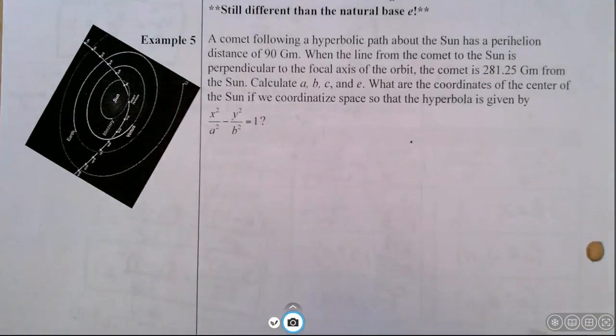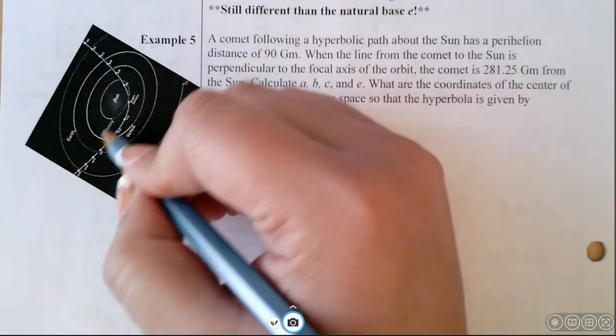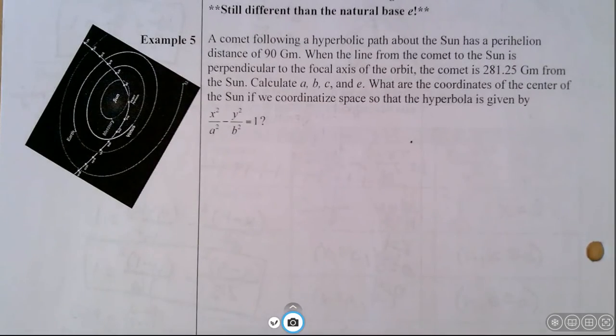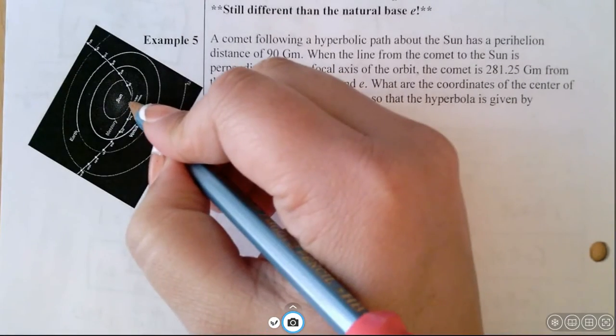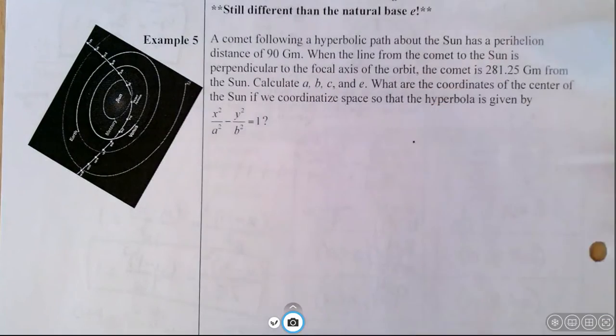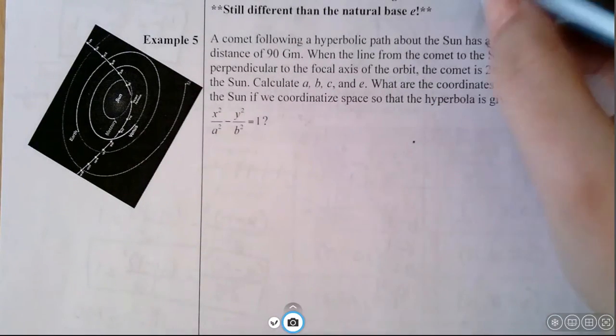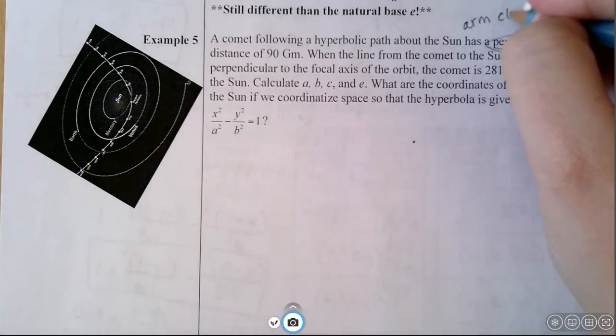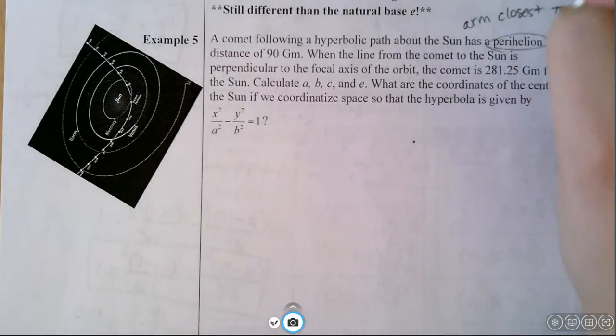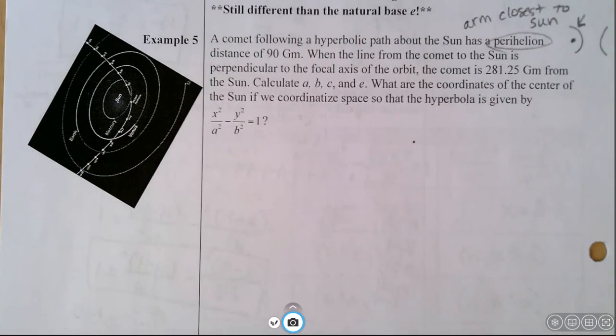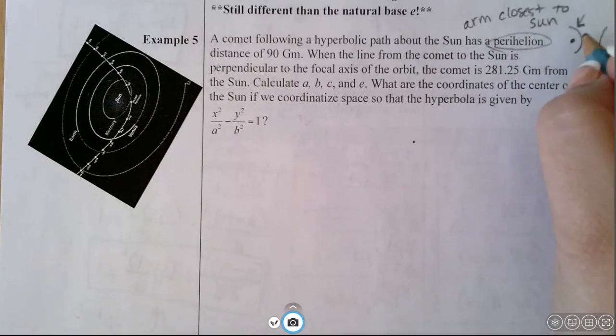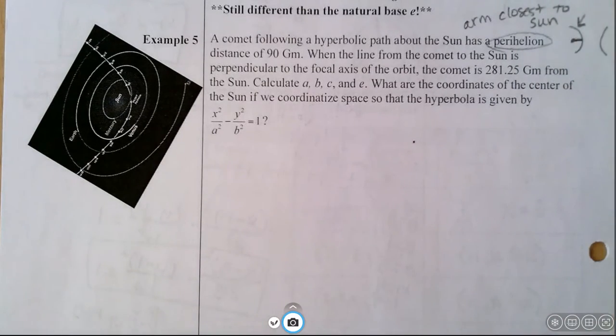So we're talking about which arm of the hyperbola is closer to the focus that we're studying. So the arm of the hyperbola closest to the sun is what this means. If this is the sun, I've got two arms, we're talking about that one. The distance here is 90 gigameters.